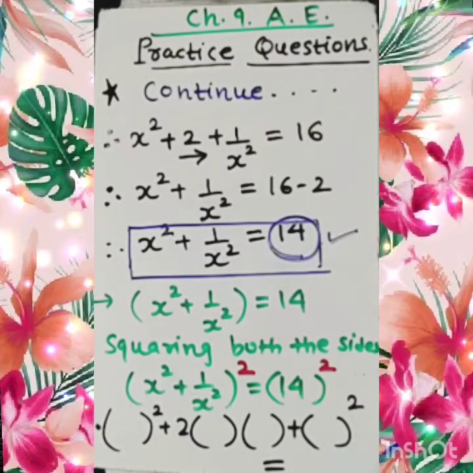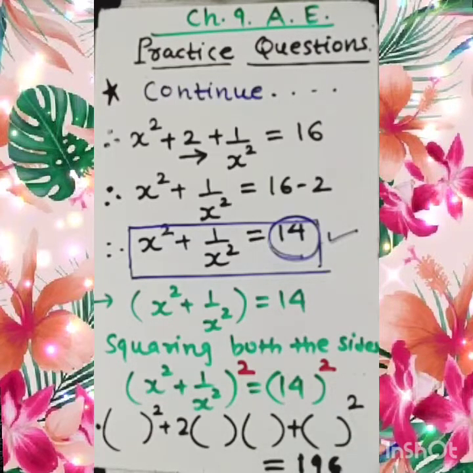In your rough column, if you multiply 14 into 14, you will get 196. Okay, you can multiply. If not, then please remember the squares of the numbers from 1 to 25 at least for your convenience. So 14 square will be 196.